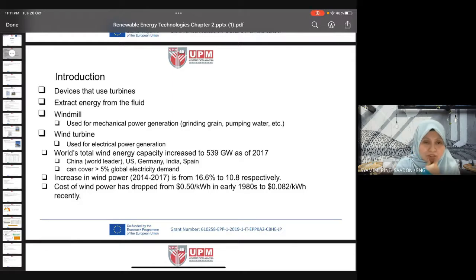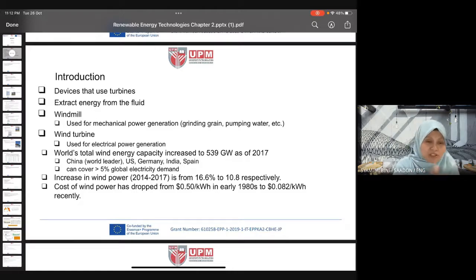Like I mentioned last week, the first law of thermodynamics says that energy cannot be created nor destroyed. But energy can be transformed from one form to another form.